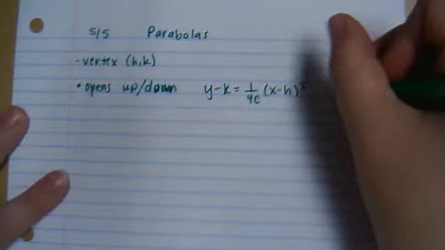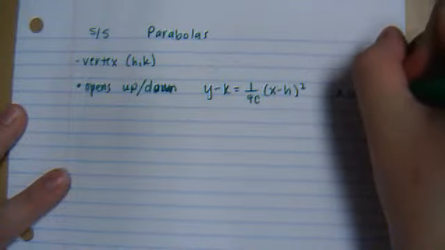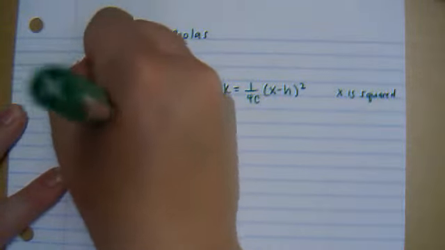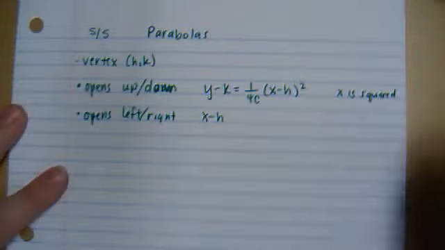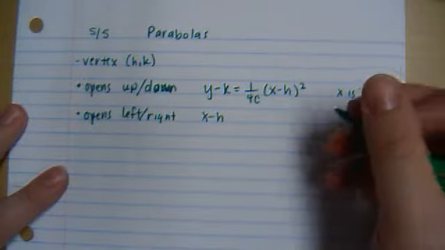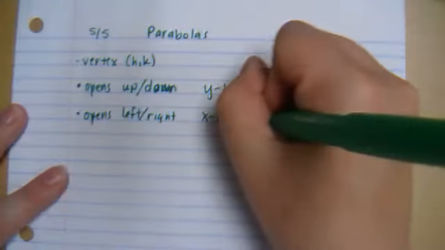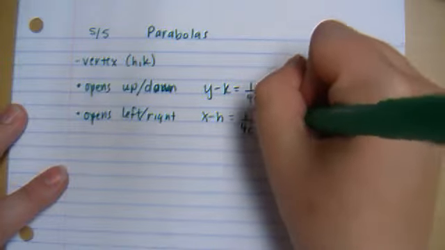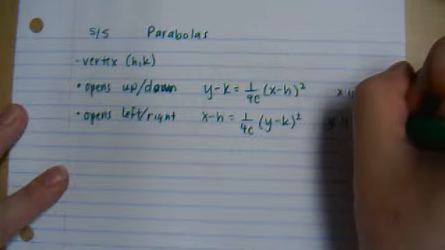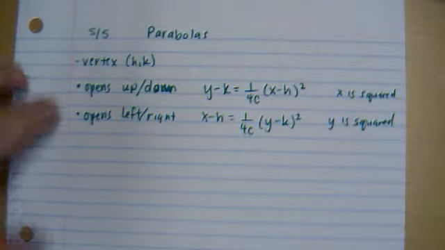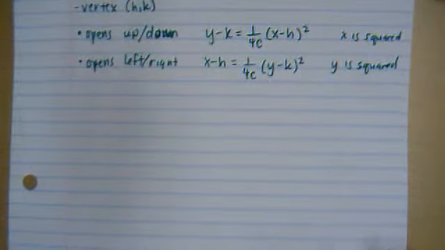Okay, so again, your x is squared. If it opens left or right, then we have x minus h, and remember, again, the x and h go together, the y and k go together. So equals 1 over 4c times y minus k squared. So in this case, the y is squared. So that's my little hints, so you can determine which one's which.